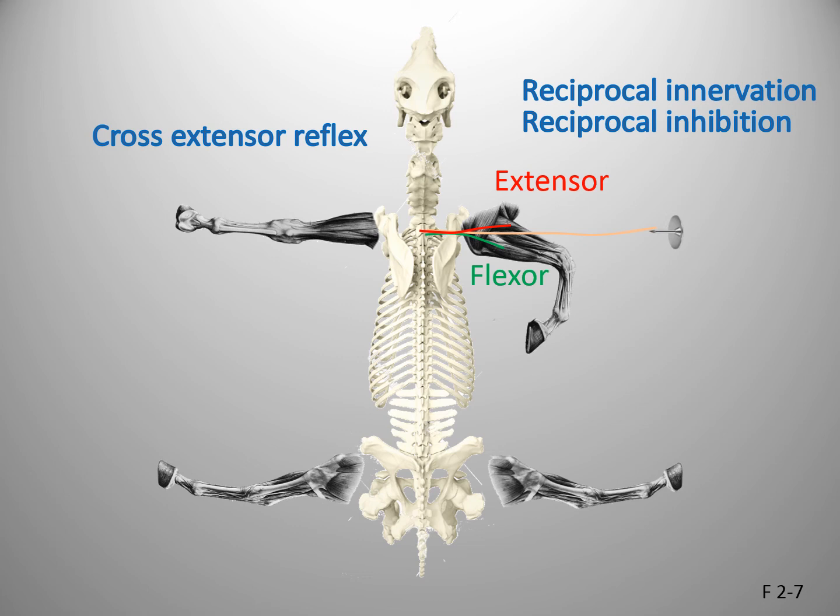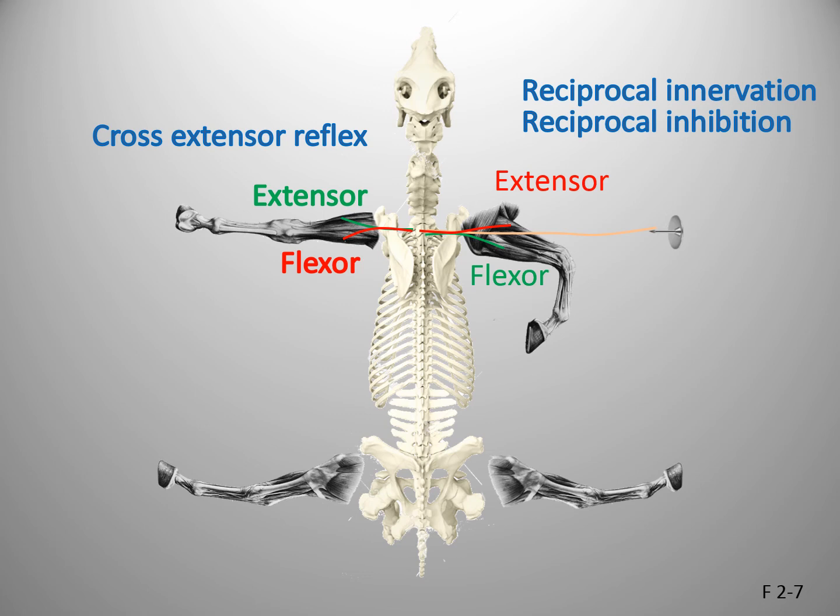This reflex involves an interneuron in charge of stimulating the A-alpha motor neuron, which stimulates the withdrawal of the limb, having collateral axons that cross the spinal cord and stimulate the extensor muscle on the opposite side, while inhibiting the flexor muscles of the opposite side.